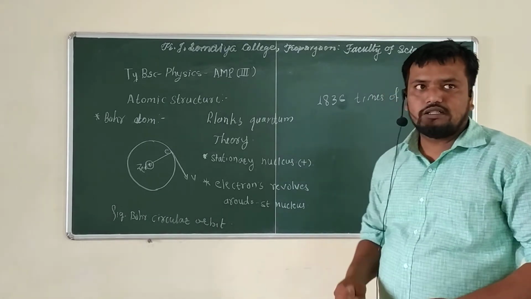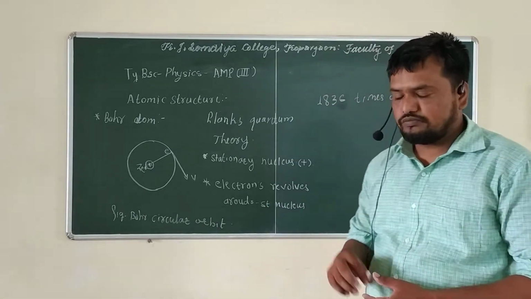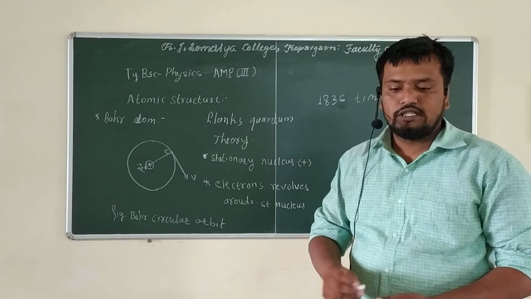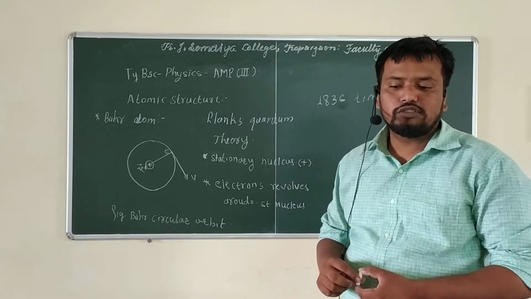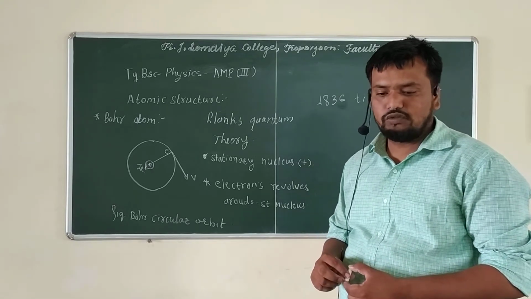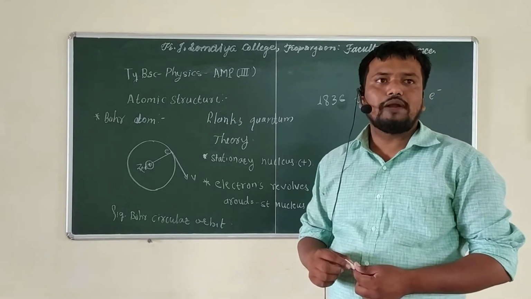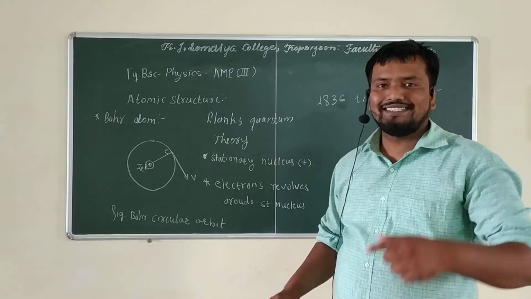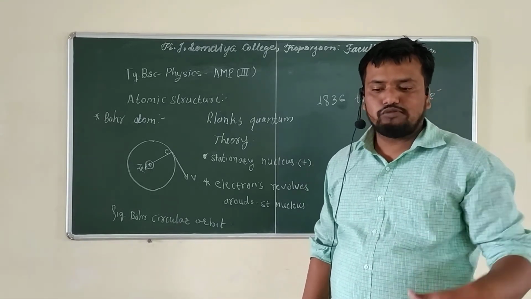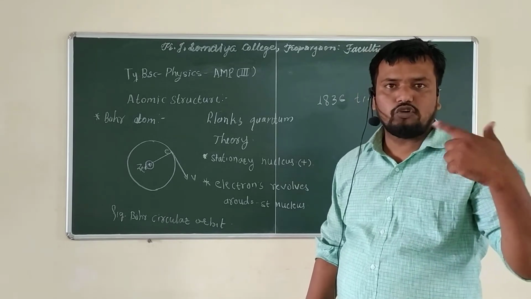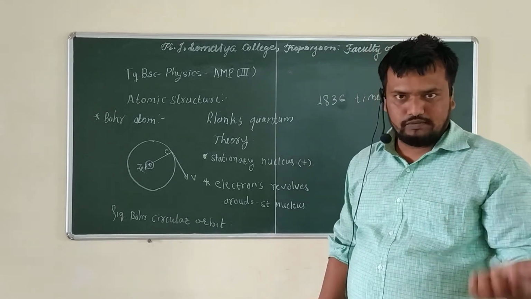So the proton is very massive compared to the electron, and this single electron revolves around the stationary nucleus. According to Planck's quantum theory, energy is radiated and absorbed in whole multiples of an elementary quantum of energy.